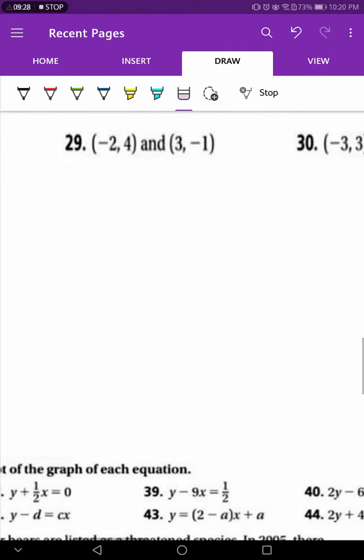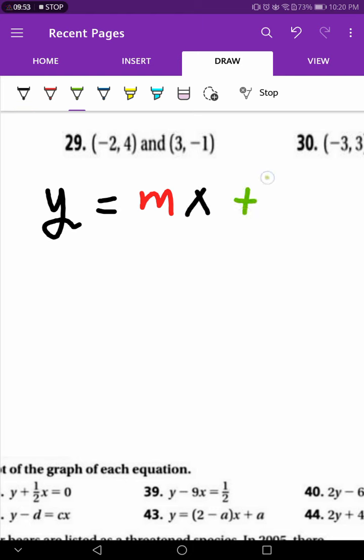We are here. Again, I'm trying to find the equation of the line that passes through these 2 points. The first step, I write the equation: y equals mx plus b. First of all, I will find the m.